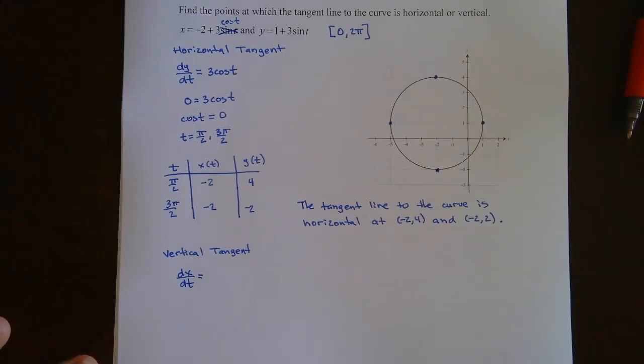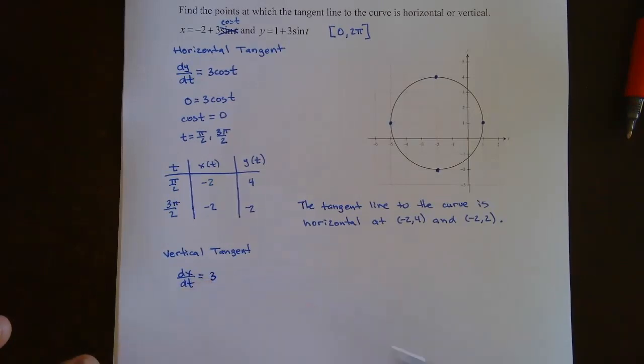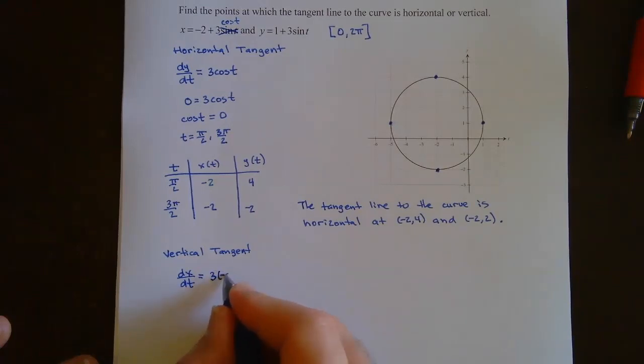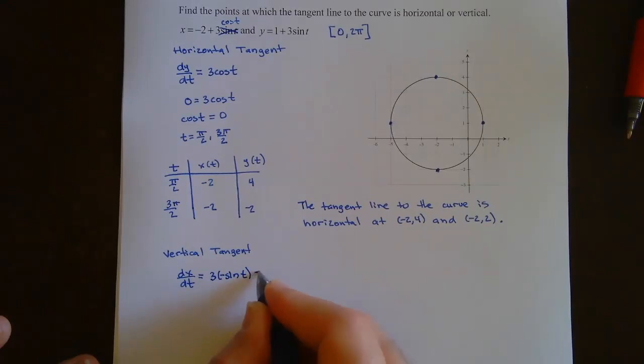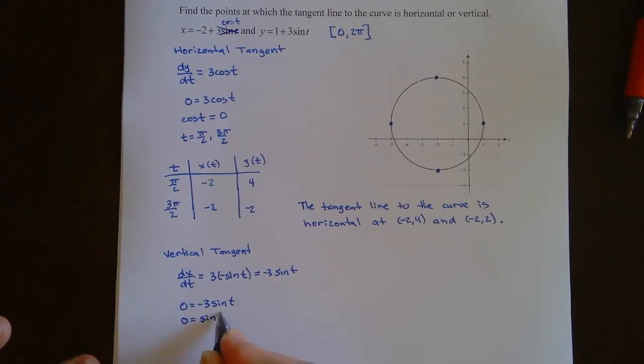The derivative of negative 2 would be 0, plus 3, and the derivative of cosine of t would be negative sine t. So this is negative 3 sine of t. We'd have to set this equal to 0. So 0 is equal to negative 3 sine of t, so 0 is equal to sine of t.